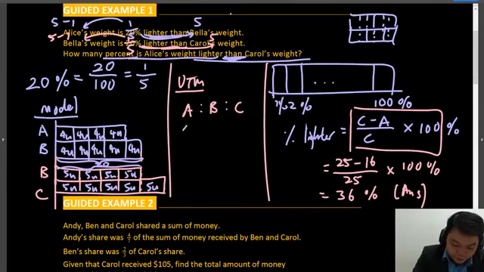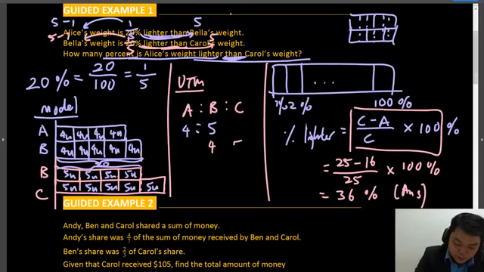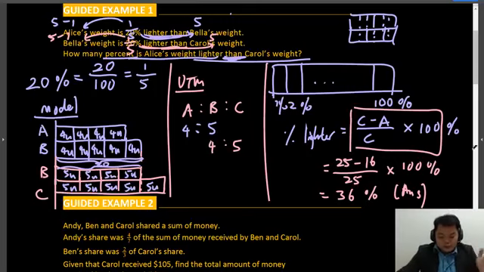Okay, A would have 4, while B would have 5 blocks. Then next up, we need to compare B and C on a separate line. So we put B over here and C over here. Ultimately, it will still come back to the same idea that you are comparing between 5 blocks and 4 blocks.